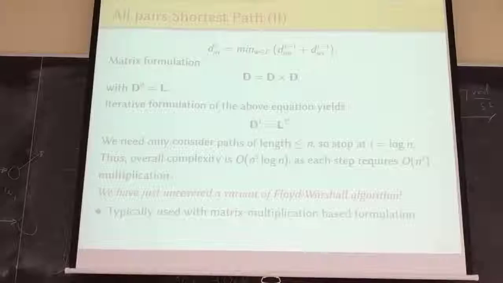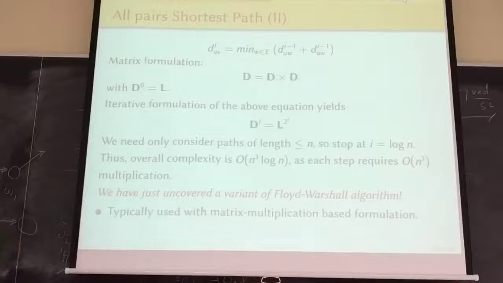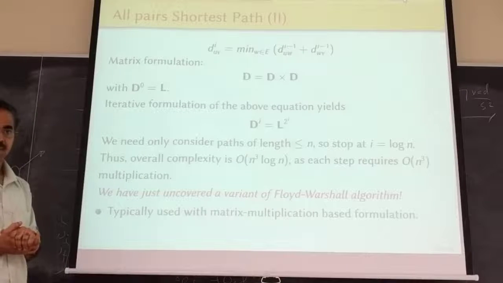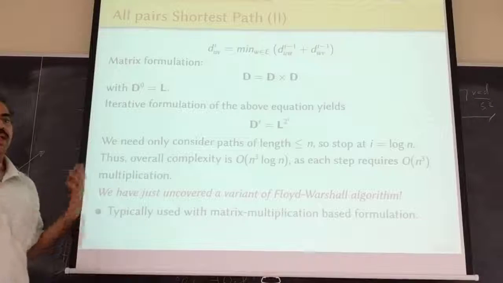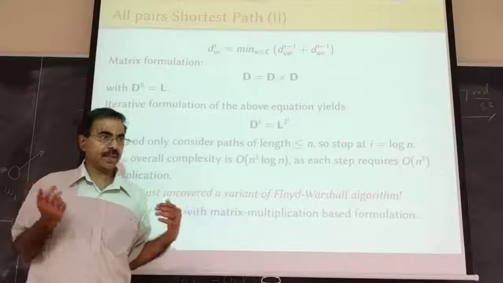This happens to be a variant of the Floyd-Warshall algorithm for computing shortest paths, and it is good when the graph is dense. If the graph is dense, E is going to be n squared, and so you're not going to get better than this.